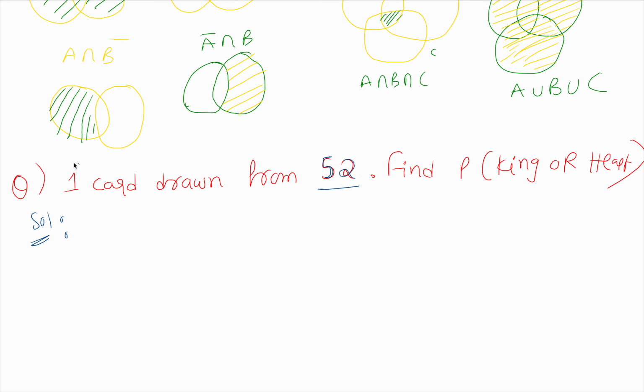From 52, we draw one card. Find the probability of king or heart. First of all, we have to find the probability of king.